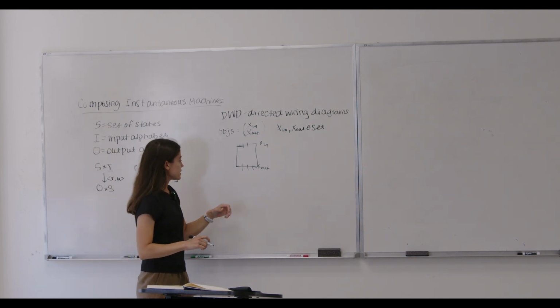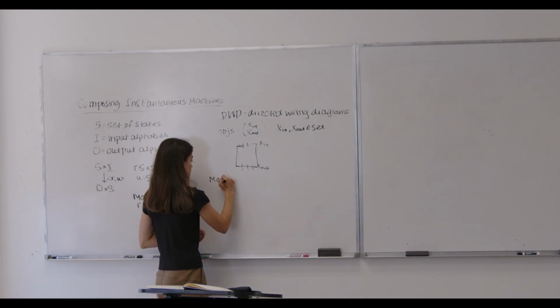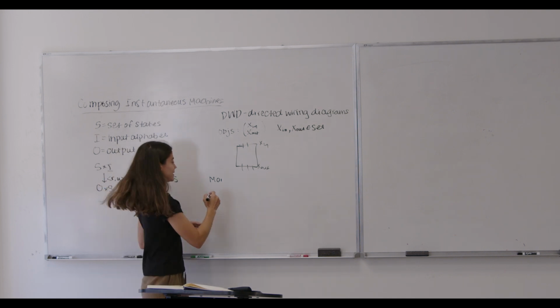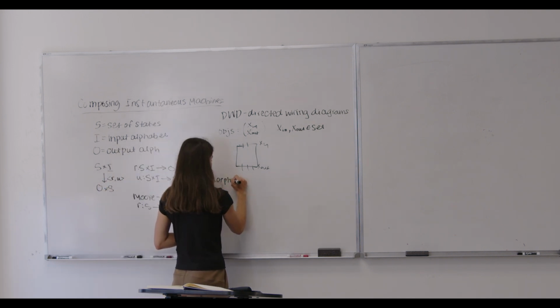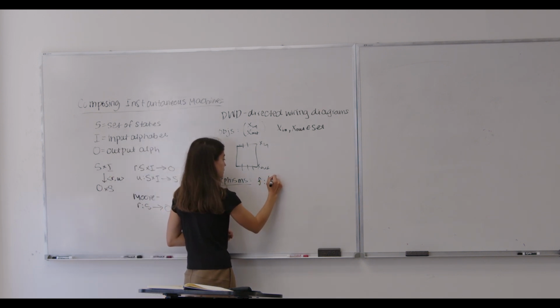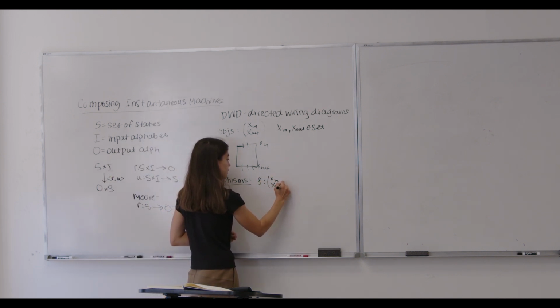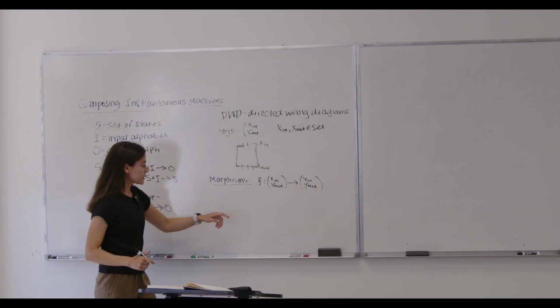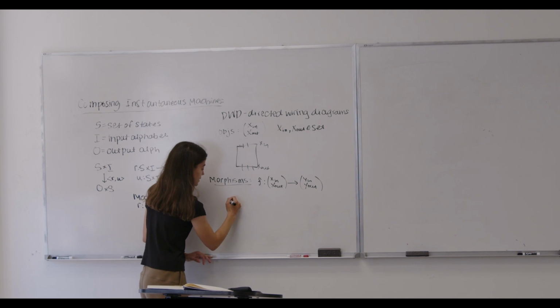And then for morphisms, Keri, are you going to require yourself to always put the inputs at the top? Yeah, that's how I'm drawing it. And so for morphisms, it's going to be some F which goes from X in, X out to Y in, Y out. How this looks is we have these sets of wires.